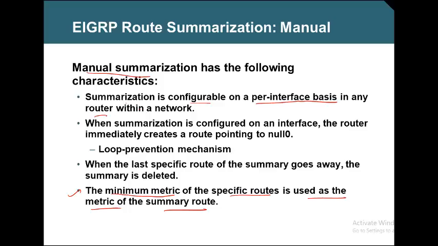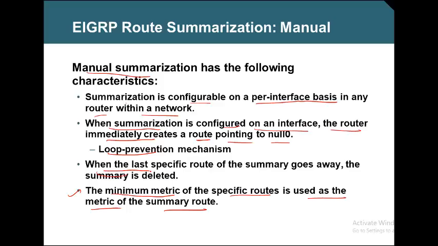Now, when will the summary route stop being advertised? Only when the last specific route of the summary goes down, the summary route will be deleted. Did you understand this point? When will the null interface get deleted?